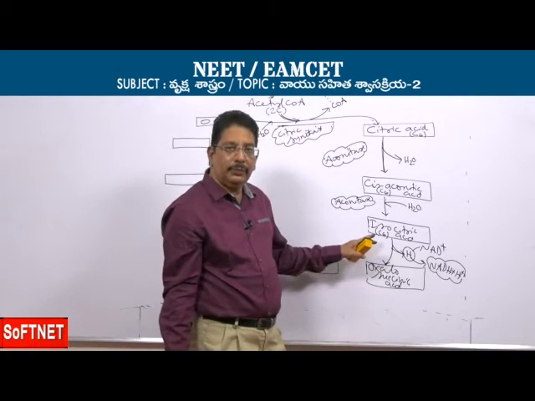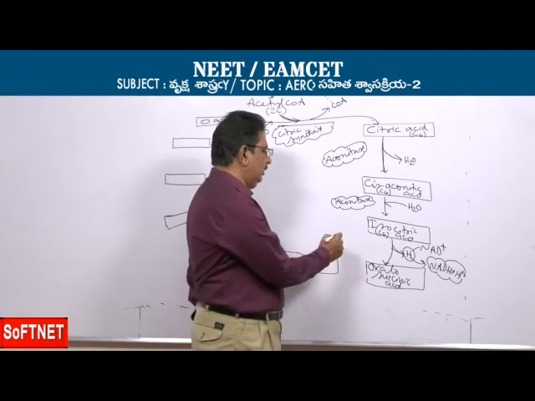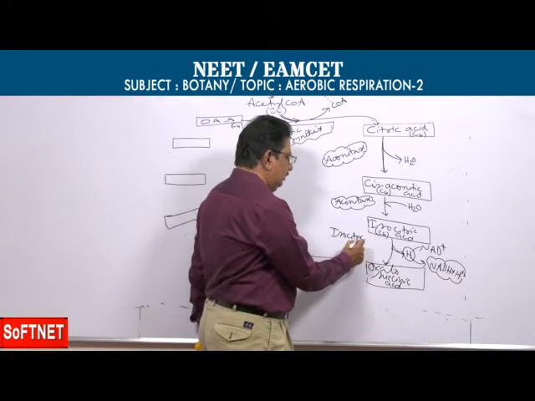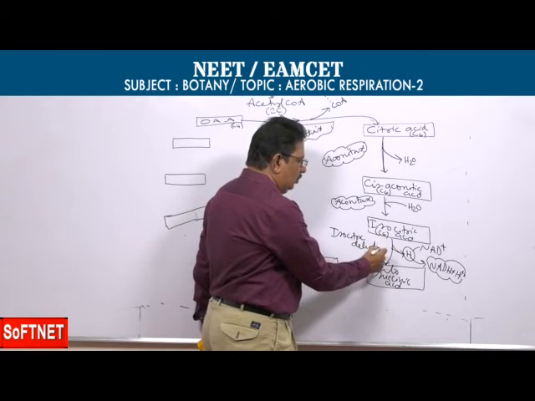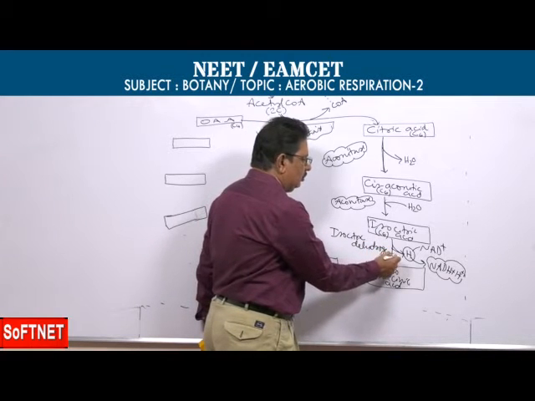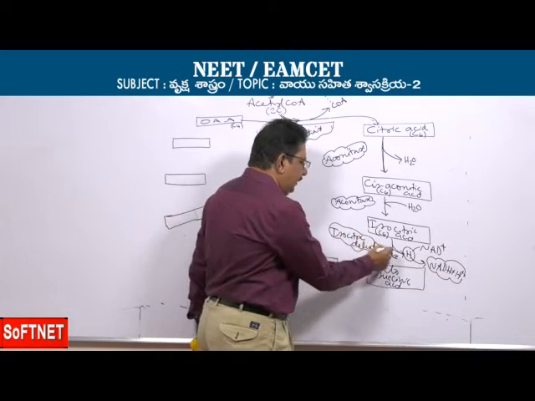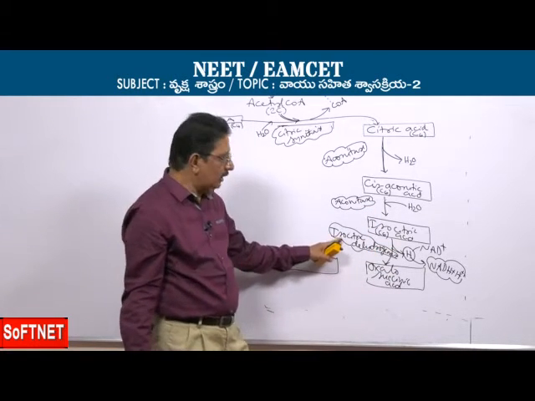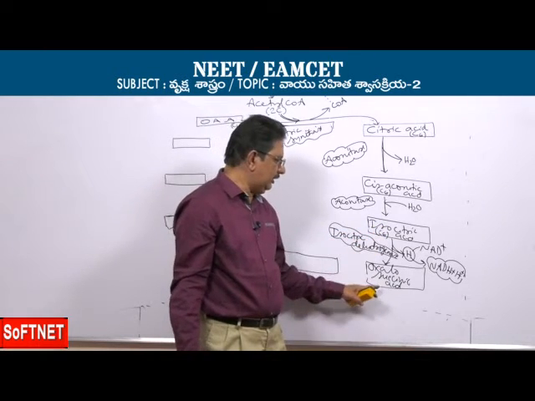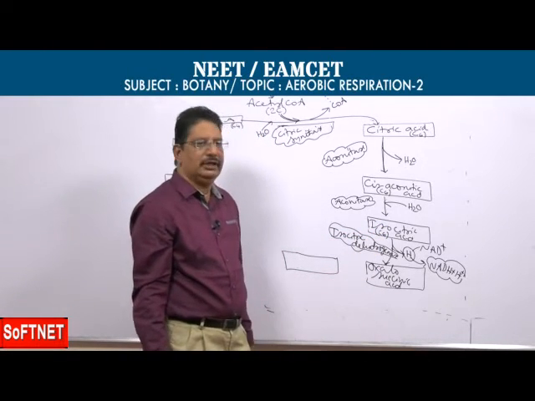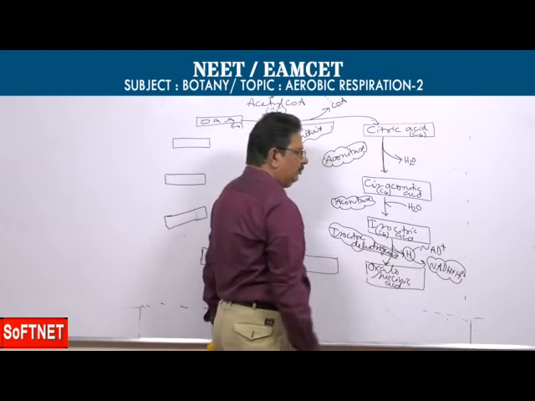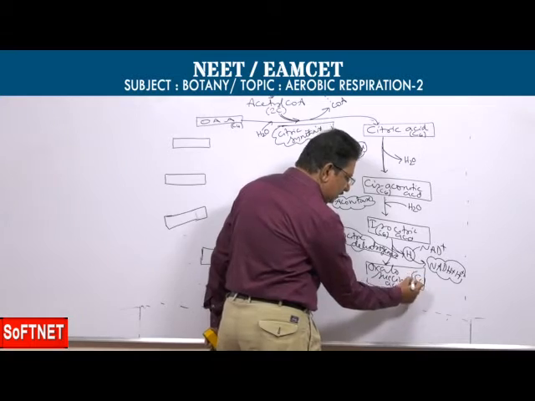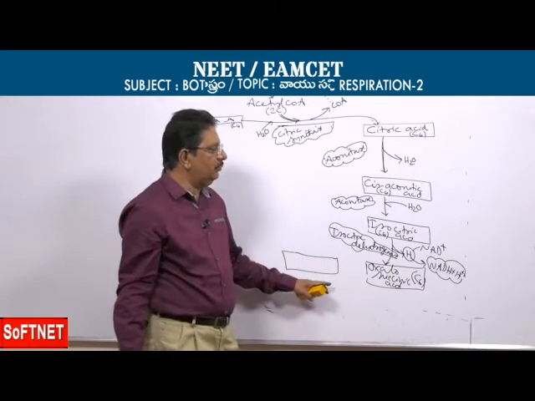So this is the process catalyzed by an enzyme called isocitric dehydrogenase. So isocitric dehydrogenase is the enzyme which catalyzes conversion of isocitric acid into oxalosuccinic acid. So here all hydrogens are removed, but not carbons, hence oxalosuccinic acid is one more C6 compound.